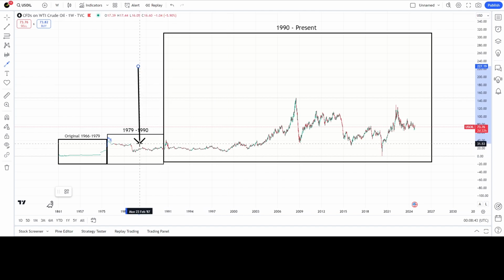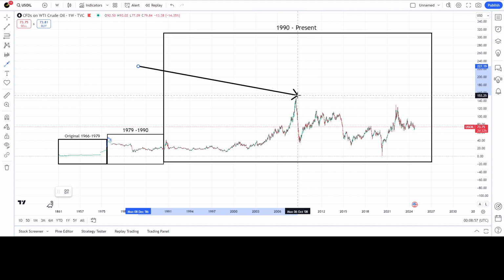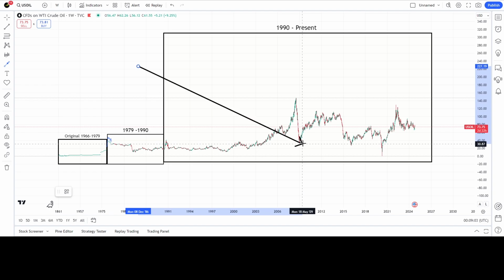What does it do after that? It changes direction. So we have a move up. So this move up starts with a smaller wave and then goes into a parabolic wave. So we have that first wave right here, and then it ends with that parabolic wave where it comes to a needlepoint peak and then crashes. It crashes like a lead weight, just like it did over here.